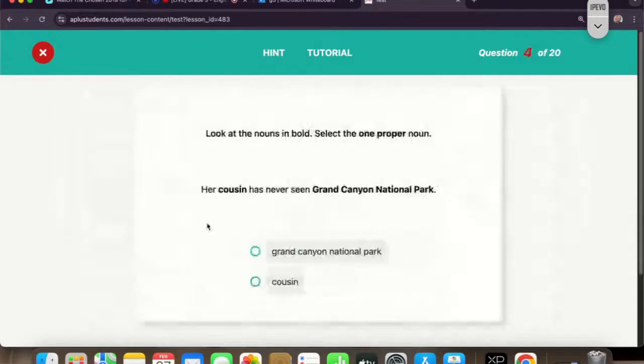Then her cousin has never seen Grand Canyon National Park. What's the proper noun here? I want everyone sending their answers. Let's interact, okay?